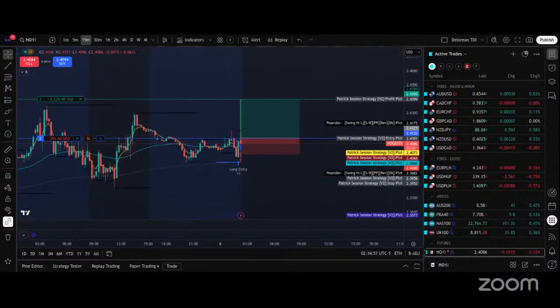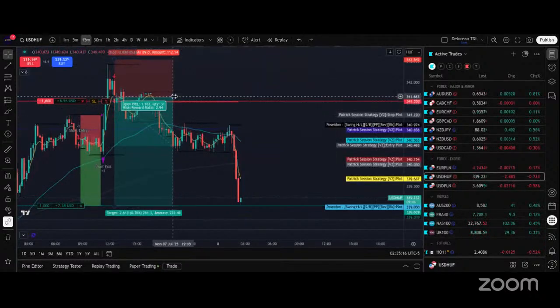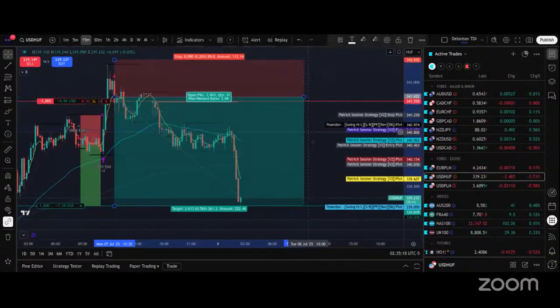In terms of regular currency, I believe our top pair is currently New Zealand dollar versus United States dollar. But the one closest to take profit is actually an exotic, and that is the United States dollar to the Hungarian forint. It's about to hit take profit for us. We called this out last night right before the live at 12:30 in the morning.